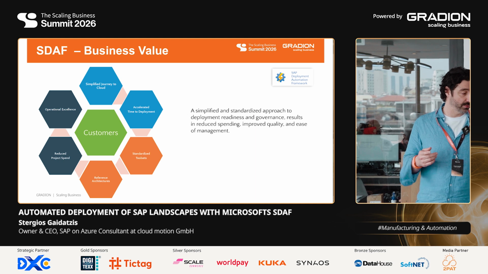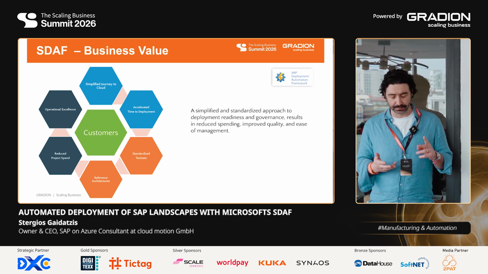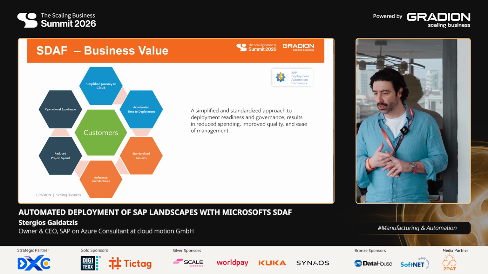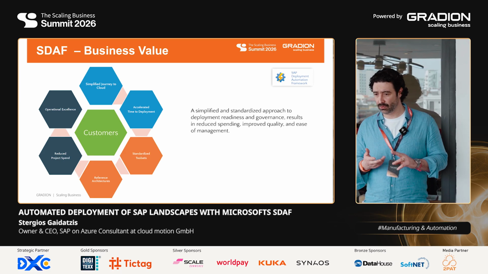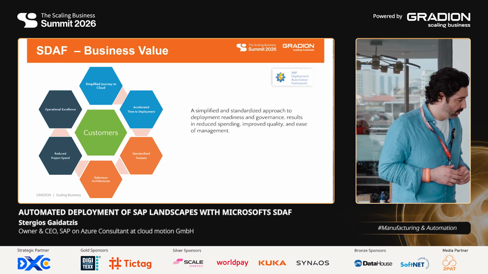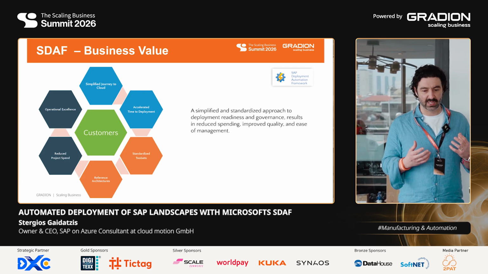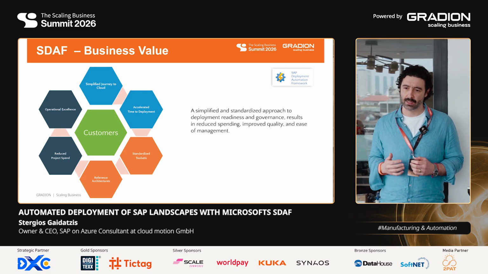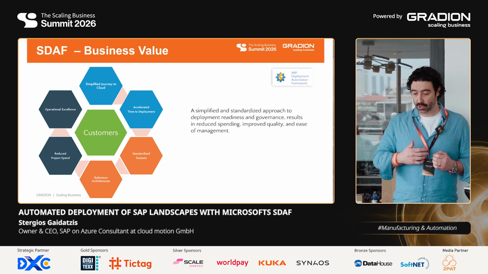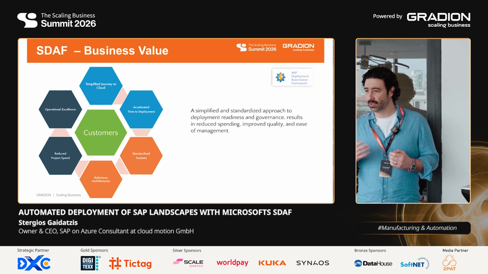We have a standardized tool set, which means SDAF uses the newest industry standards like Terraform and Ansible. In the reference architecture, we have dependencies on each layer, and we need to achieve this because otherwise SAP says, hey, you don't have the right architecture, it's not a supported case.